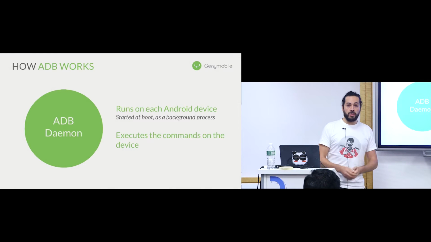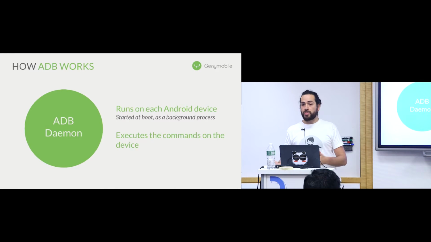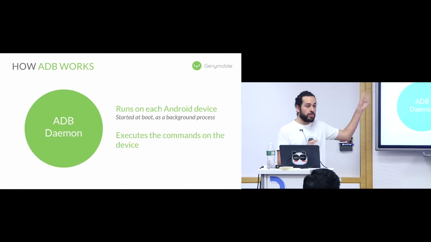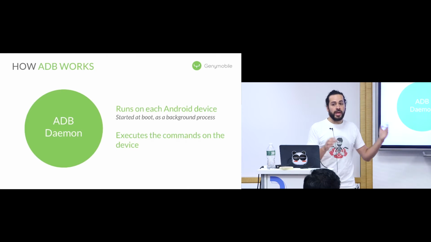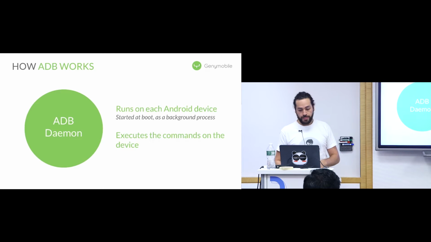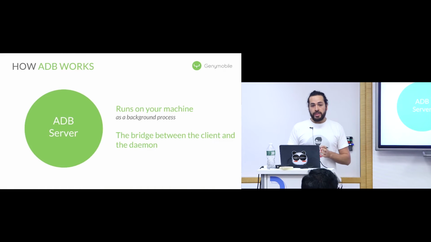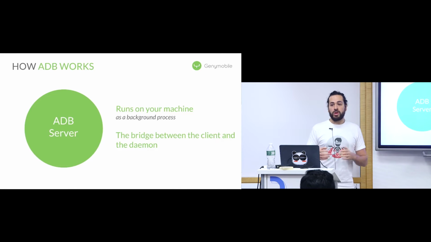The daemon is a background process running on each Android device. And it will execute the ADB orders coming from outside directly on the device. And then you have the server. This server is still running on your machine, and that's the real bridge of ADB.